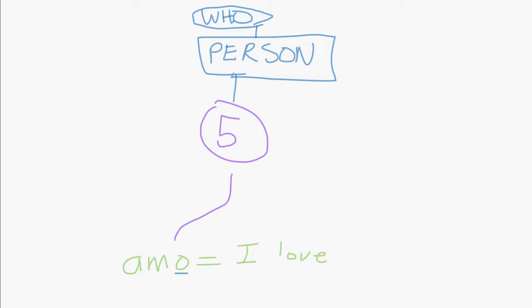Secondly, a verb's number tells us how many. A verb's number tells us how many subjects, either one or more, perform or are passively affected by the action.